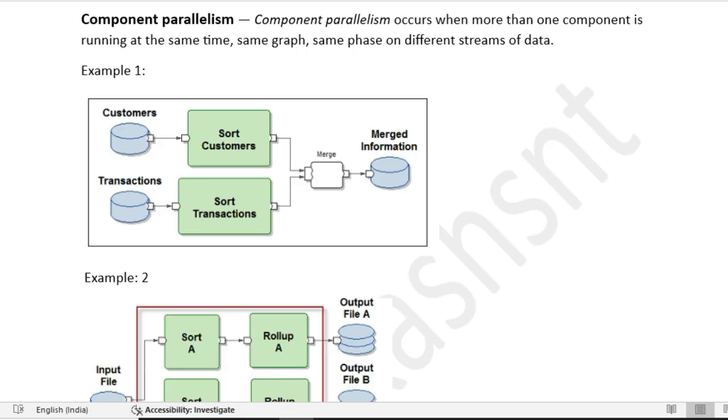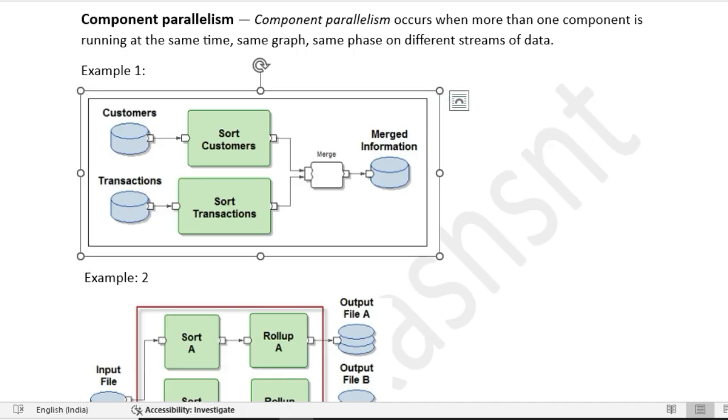In this example, you can see we have two inputs, one is customer and another one is transaction. From two or more sources we are pulling data and processing it, using the sort component in two different flows.